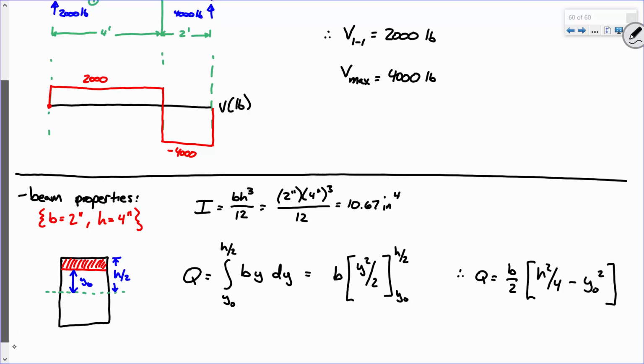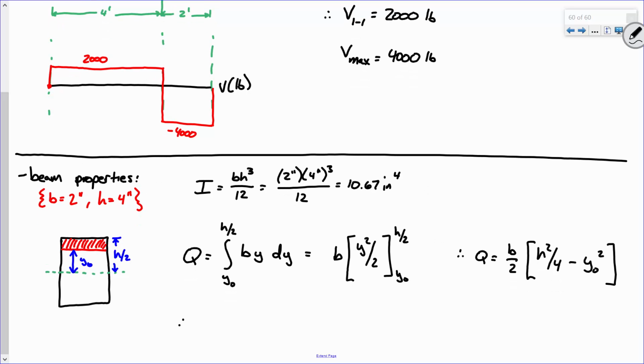Lastly, if I want to determine the shear stress, it's just VQ over IB, which is V over IB times the following. What happens to the B's?